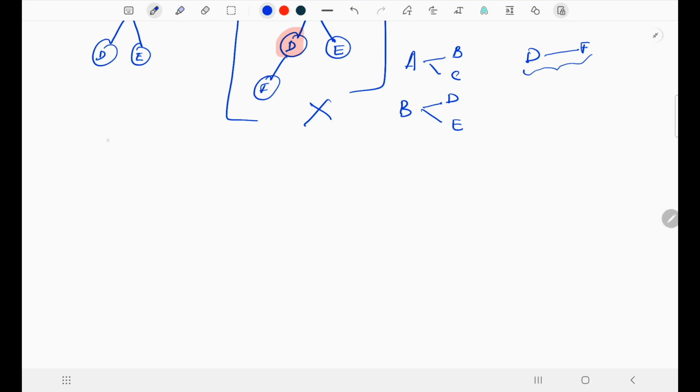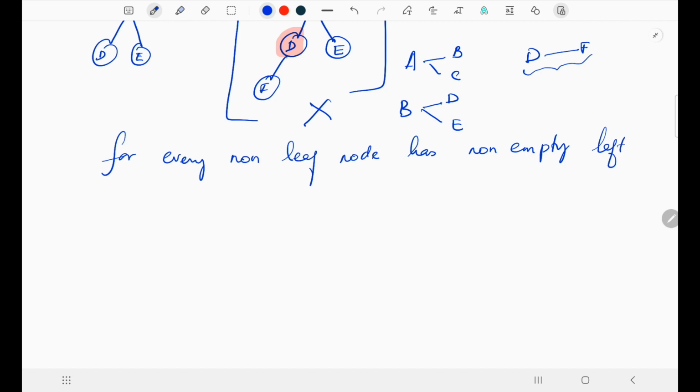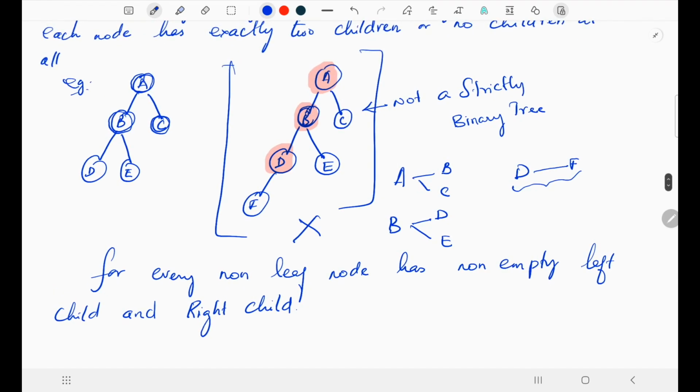It means that every non-leaf node has a non-empty left child and non-empty right child. So this intermediate node must have both children.